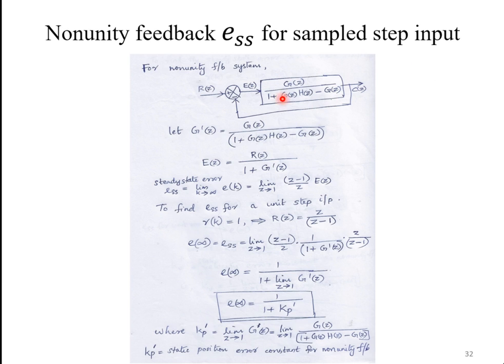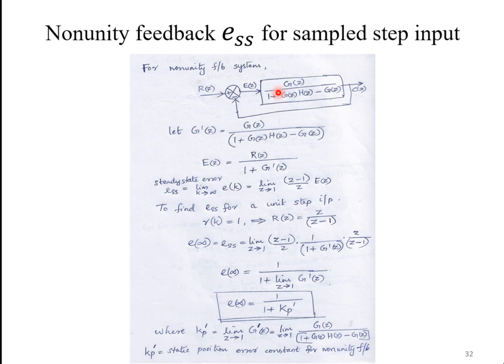This is the block diagram obtained from the previous calculation. Let G'(z) equal G(z) by 1 plus G(z)H(z) minus G(z), so this is replaced with G'(z). Then we know that E(z), which we found in the previous sections, is R(z) by 1 plus G'(z).